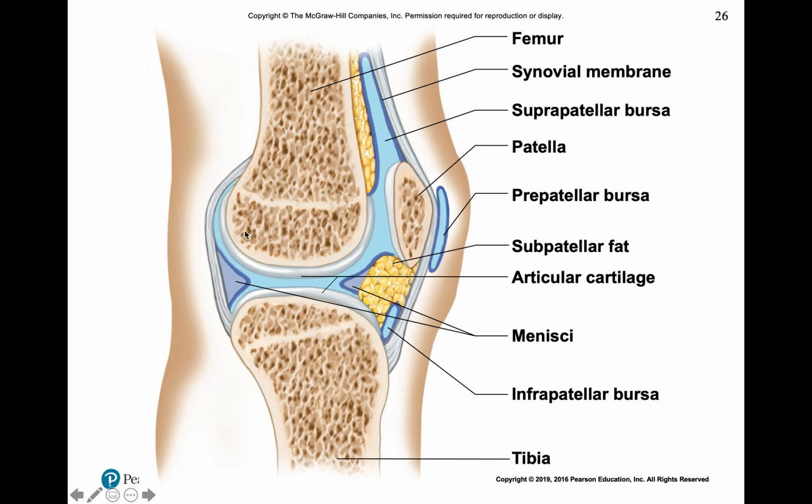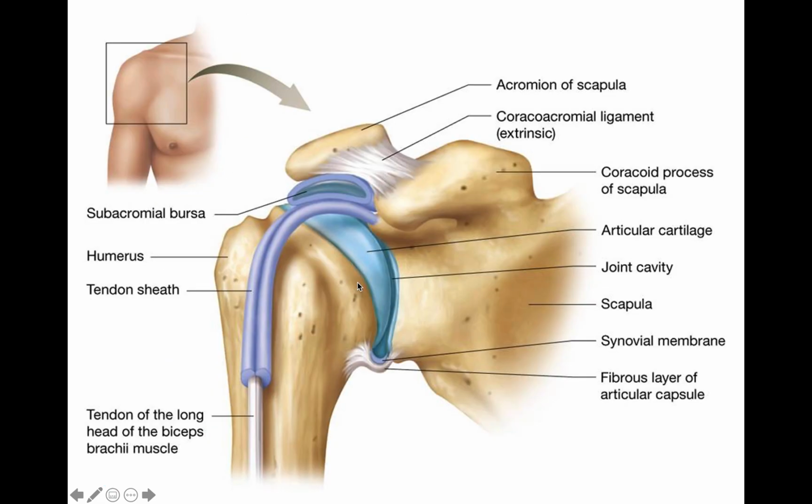It also helps with weight distribution, all right? So it helps distribute weight better and it helps absorb shock. So that's what a meniscus is. It's a fibrocartilage projection into a joint cavity where you have really high amounts of compressive forces, all right? So that's what a bursa is. That's what a meniscus is.